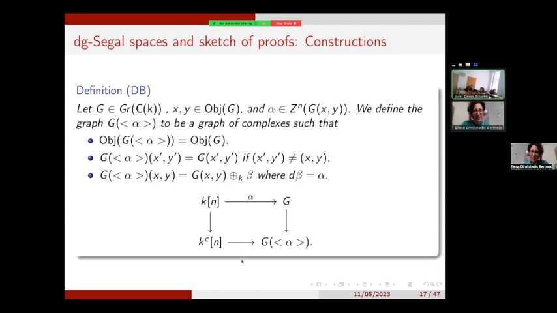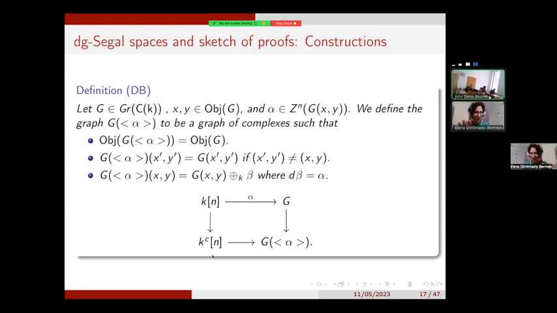And we can see that G alpha is the pushforward of this diagram, where K_n is a graph with 2 points, and the complex between them is 0, except in degree n, where it's k. And in the other, it's the graph with 2 points where the complex is 0, except in degree n and n minus 1.